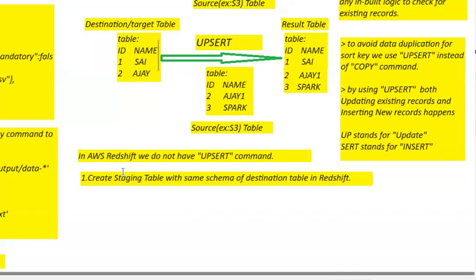So step 1 that we need to perform under this upsert process is to create a staging table with the same schema as the destination table. By using the same schema, you need to create a staging table.